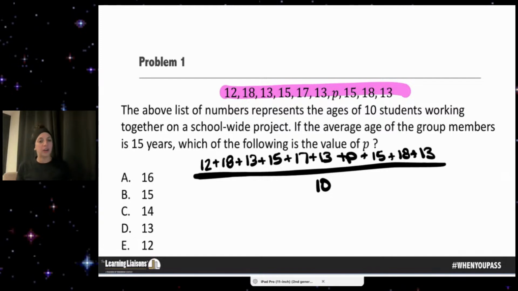How am I going to figure out P? Well, there's two different ways that I can do that. I can use my answer choices to help me, or I can solve it algebraically.